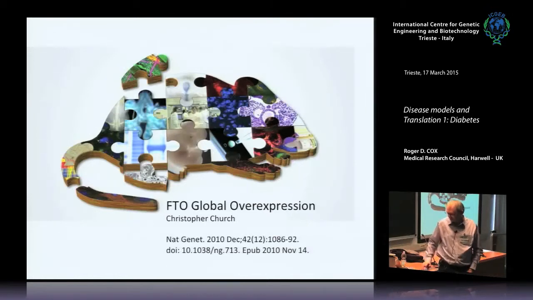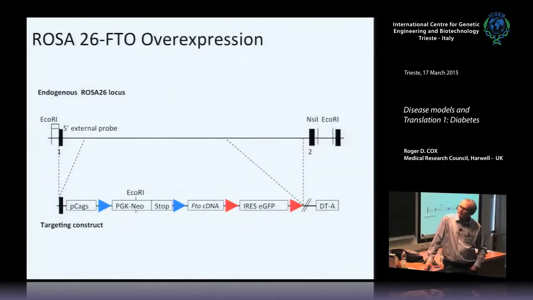So to test the hypothesis that the risk alleles in the human GWAS studies increase expression of FTO in a key tissue or in multiple tissues, and that this causes the increase in BMI. So testing this idea, we used FTO overexpression.